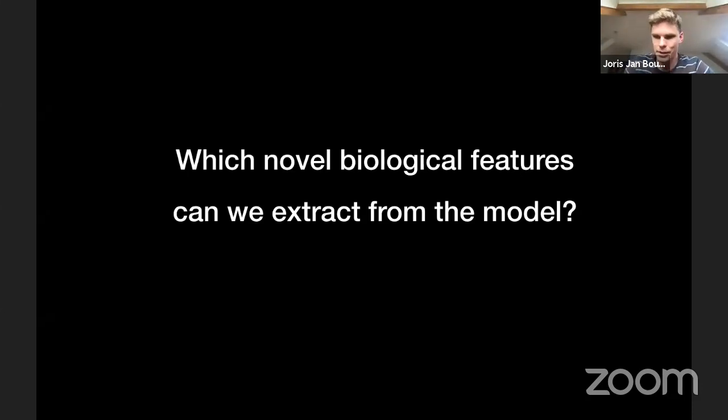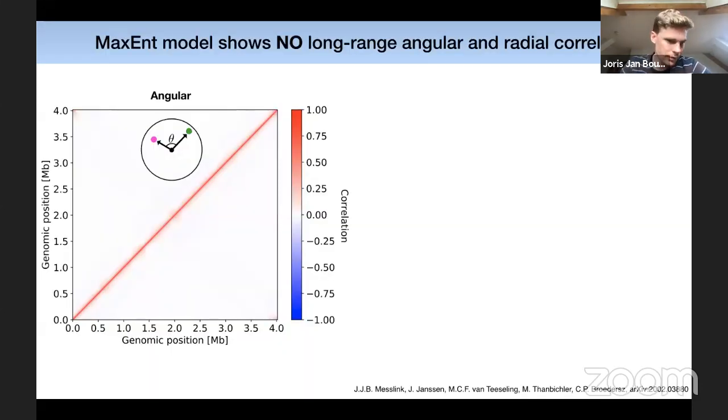And to explore this question, we made use of 2-point correlations between genomic regions. So these tell you how the position of one specific genomic region depends on the position of another genomic region in the cell. And so the first one I'll show you is angular correlations.